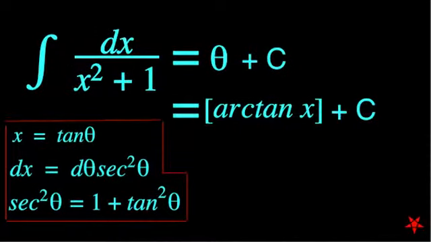Now, if we recall the graph of arctangent of x, we know that the graph on both the right and the left side approaches horizontal asymptotes at plus and minus pi over 2.